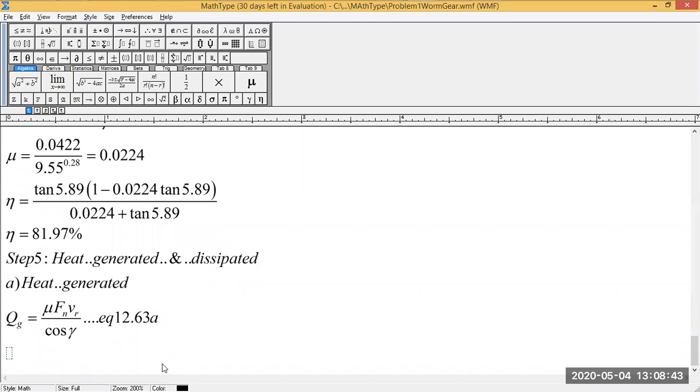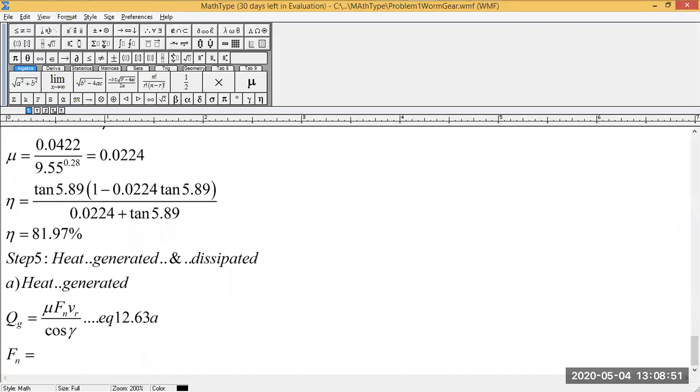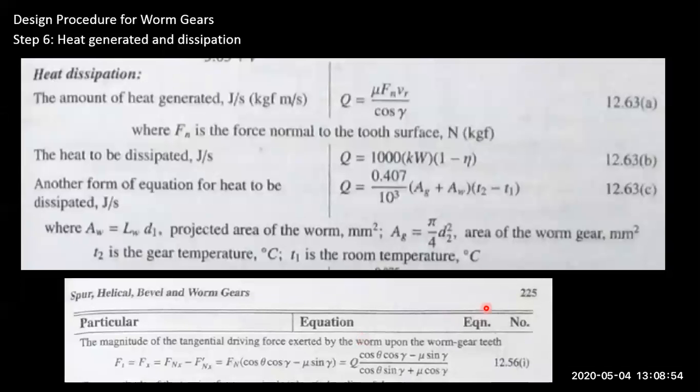So we have all values except Fn. So only Fn we'll find using another equation. I'll check it out. This equation here. So Fn is here. Okay, so all these things we'll make it come over Ft, because we know Ft.